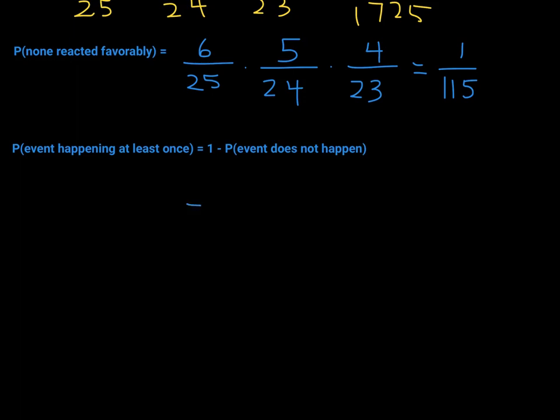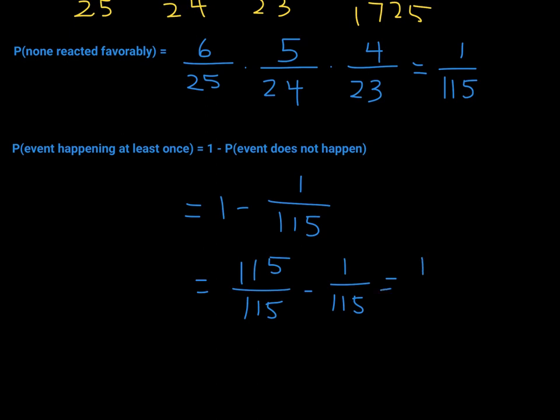So then this is going to be 1 minus the probability that none of the 3 patients reacted favorably, right? So 1 over 115. So then this is, don't forget that 1 whole is 115 over 115. All right. So then this is 114 over 115.